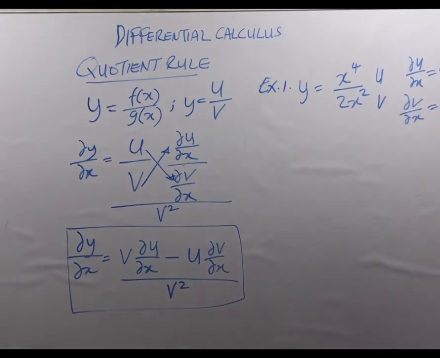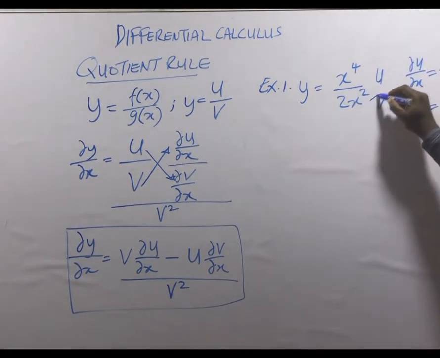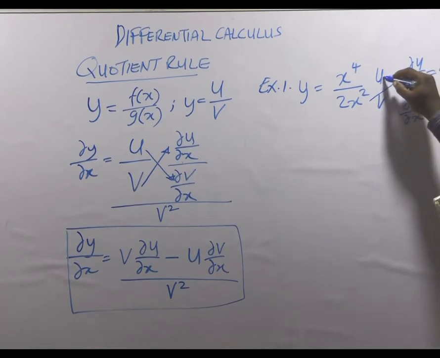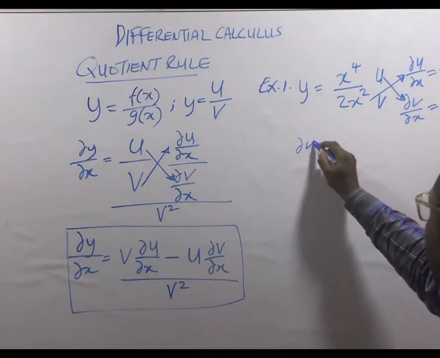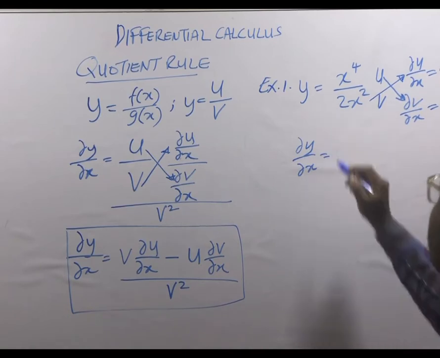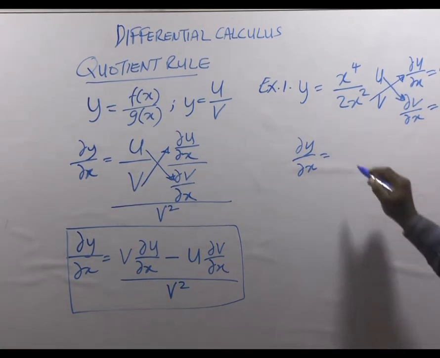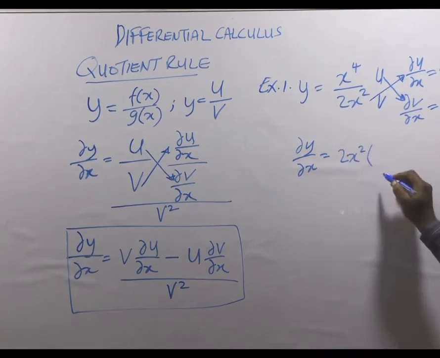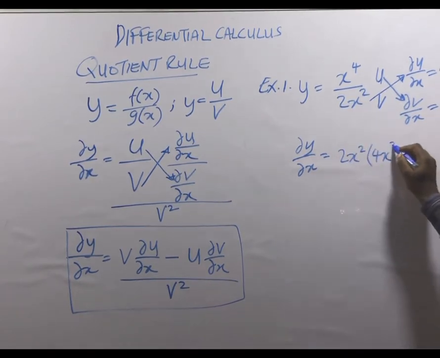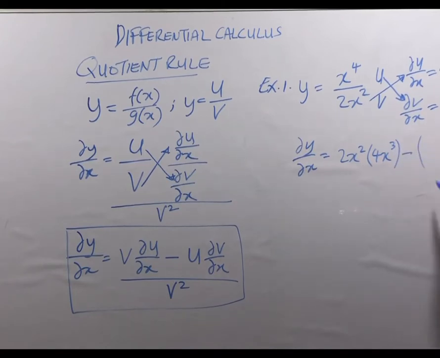Then what we now do, we multiply this by this and multiply this by this. We cross multiply, and dy/dx in this case will now be 2x raised to power 2 times 4x raised to power 3, minus x raised to power 4 times 4x.